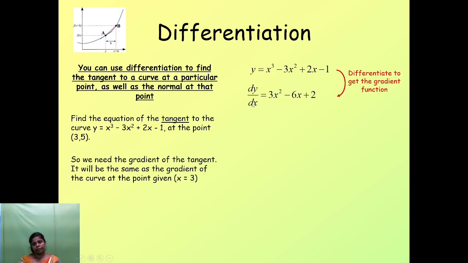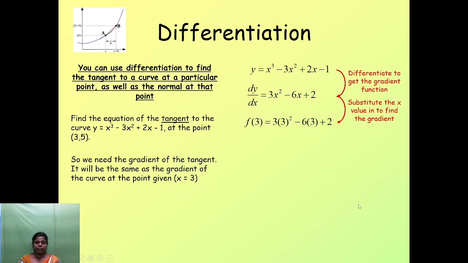When we first differentiate y, we get dy by dx. The first derivative of x cube is 3x square, minus 3x square differentiation is 2 into 3, 6x, plus 2. The first derivative of x is 1 and the first derivative of a constant is 0.